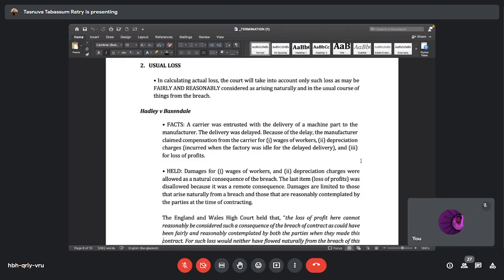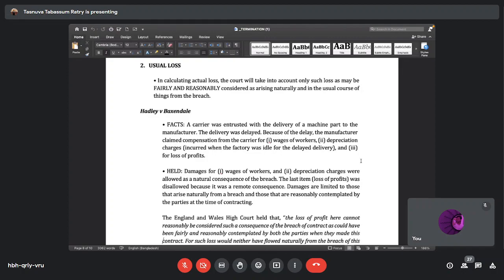So when we are calculating usual losses, the case of Hadley versus Baxendale, the main principle from this case is that the calculation for the damages usually should be from the natural consequences of the breach. In this case, the damages for the wages and the depreciation charges were allowed because they were a natural consequence of the breach.